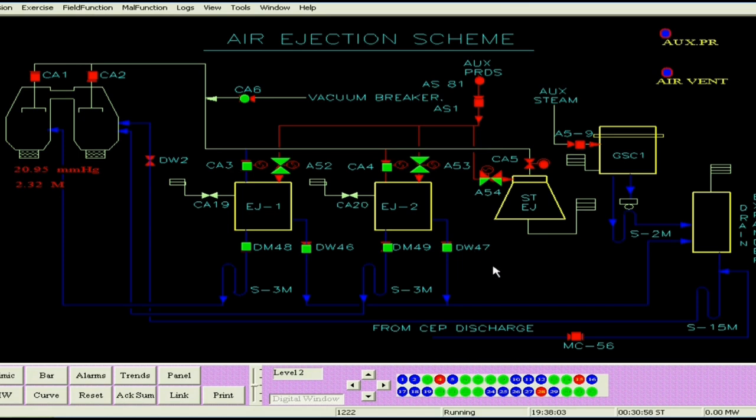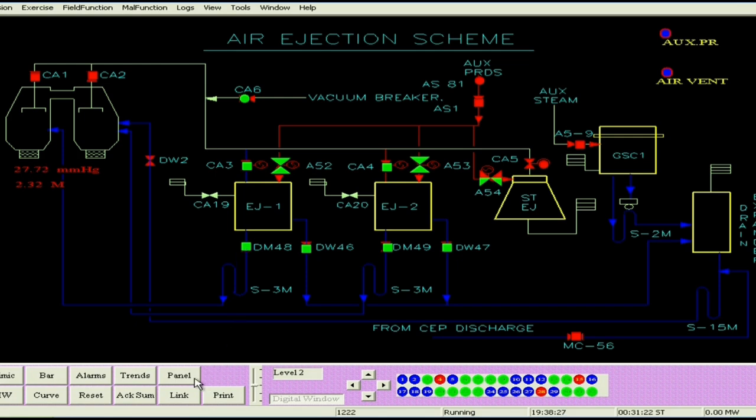It is around 24, 25, something like that. At this time, we will be supplying the steam to the glands so that the vacuum will increase at a faster rate. Then we have to open the ejector drain valves going to the siphon and then going to the condenser.